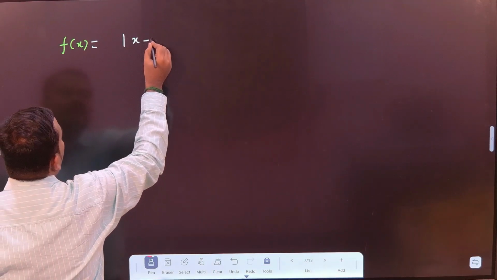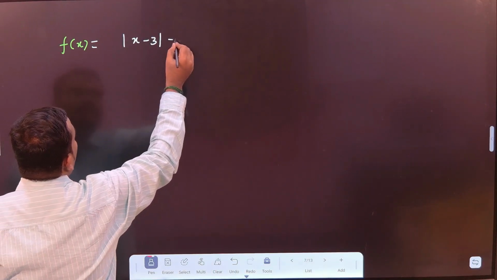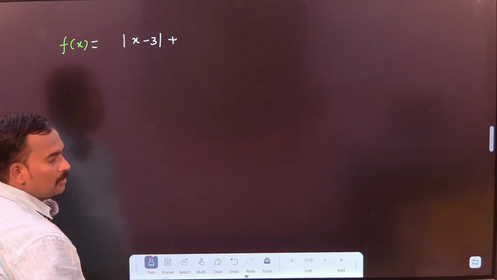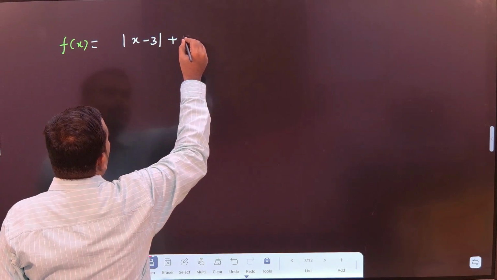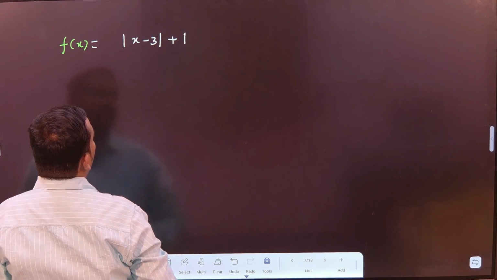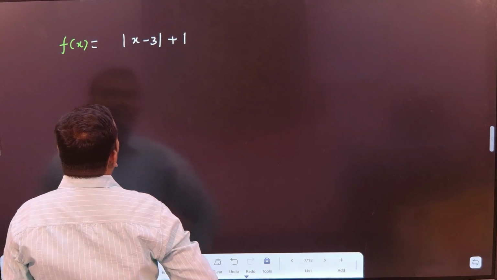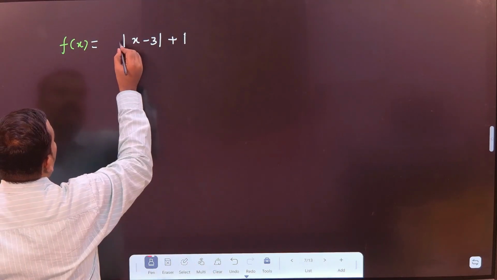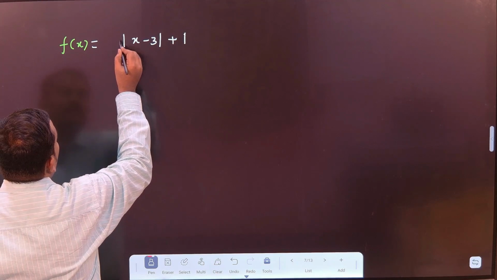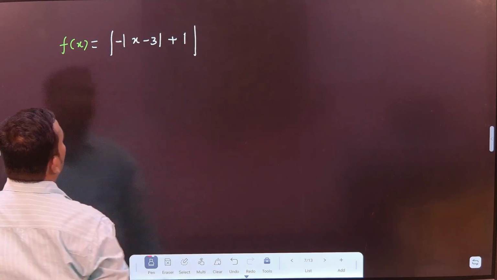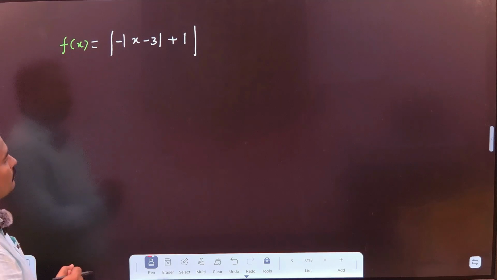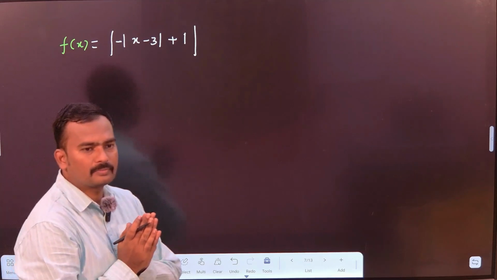Mod of minus mod x minus 3 plus 1, right? Let us take the minus here and put the modulus. How do we draw the graph?